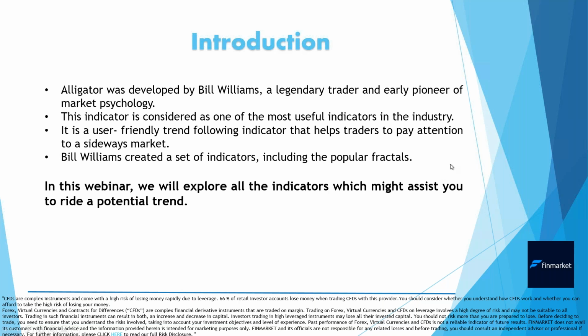In addition, according to Bill Williams, the trader's goal is to combine knowledge of the market structure with self-knowledge. Bill Williams gives his approach a name for that, and it's called profitability.